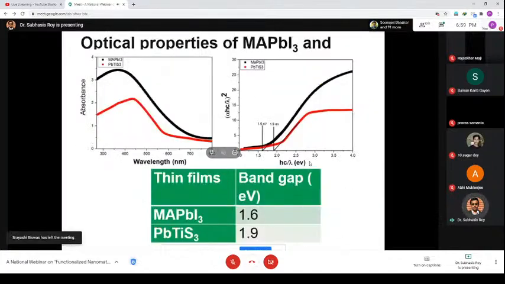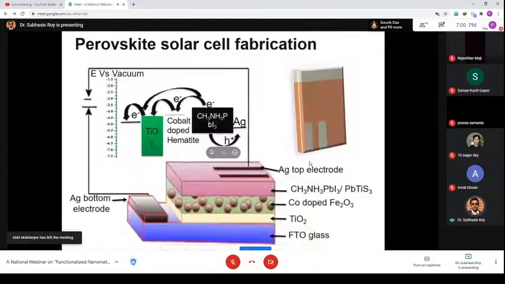Then we measured the band gap of the material, which is 1.6 for MAPbI3, much more reduced compared to PbTiO3. Then we prepared the solar cells, which have ITO top electrodes and FTO bottom electrodes, and in the middle we uniformly distributed the cobalt doped Fe2O3.